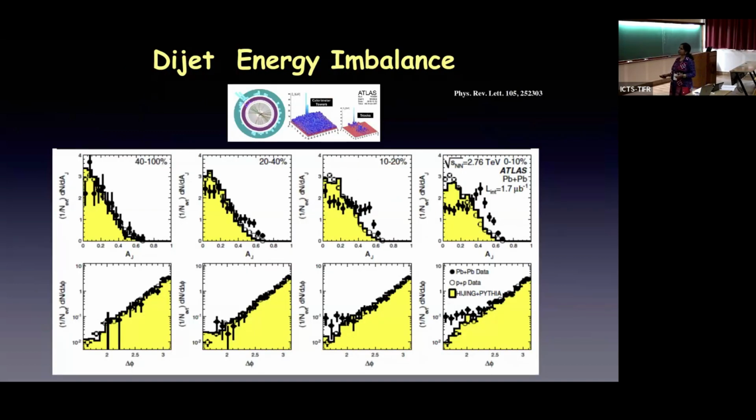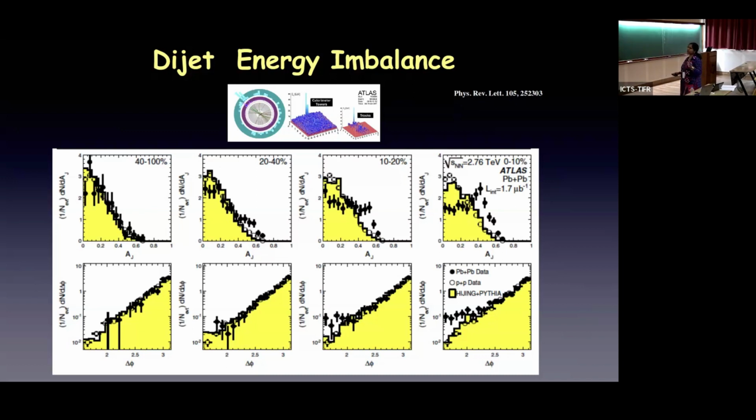Now ATLAS was the first one to publish the centrality dependence of dijet energy imbalance at LHC energies. So let's see what the figure tells us. On the x-axis you have the dijet asymmetry observable A_J, and on the y-axis you have the number, so it is the distribution of A_J.